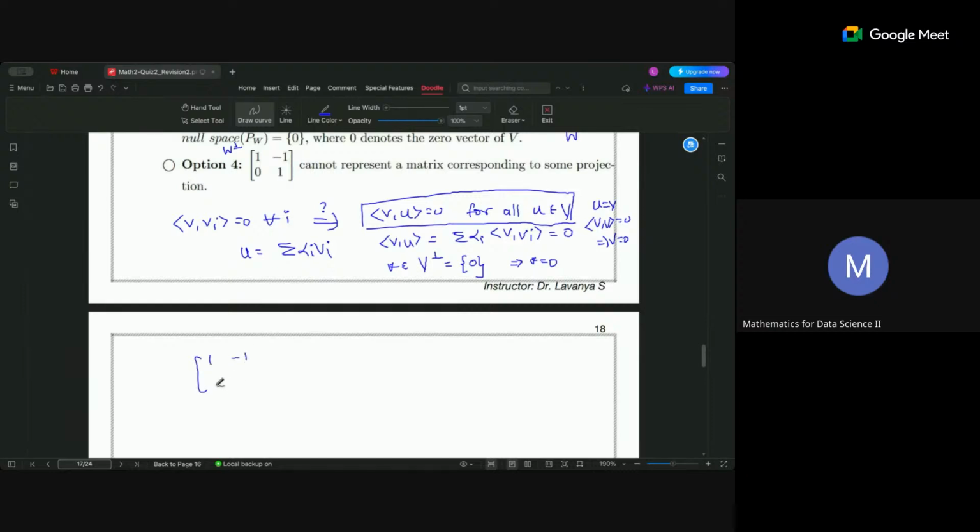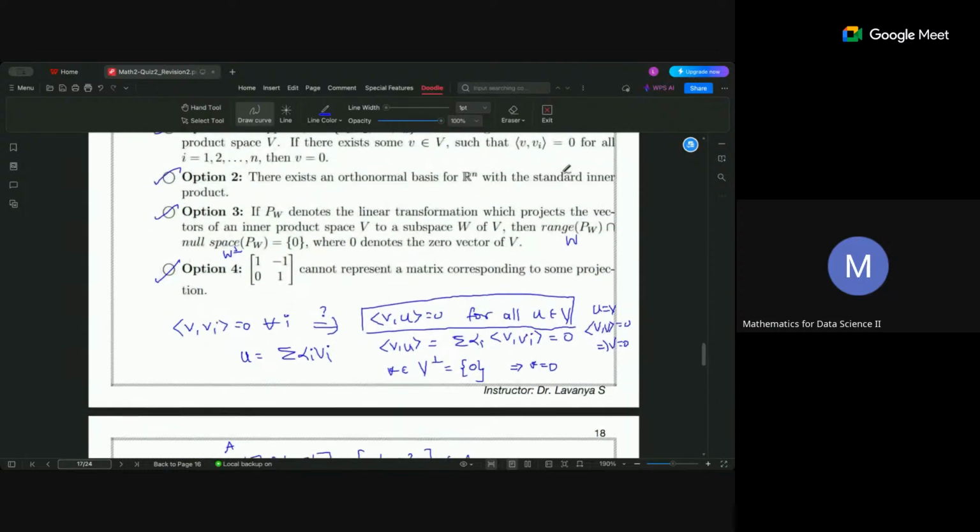What is [1 -1; 0 1] squared? The first place is 1 and then here you have -1 -1 = -2. It is changing, so it's not the same. Let us call this A. So A square is not equal to A. So this statement is correct: this cannot represent a projection. Clear? All the 4 options are clear for everyone?